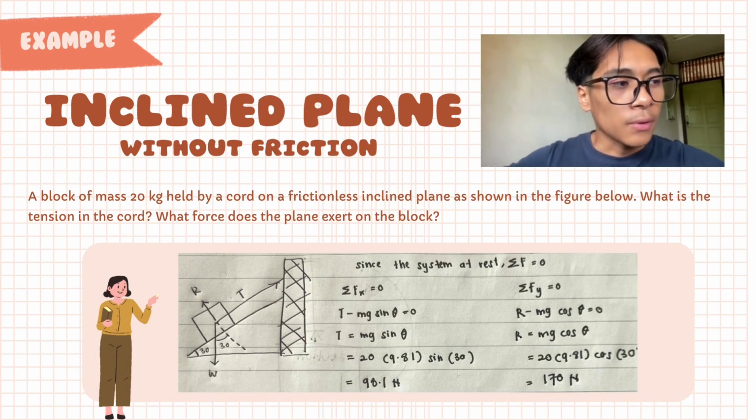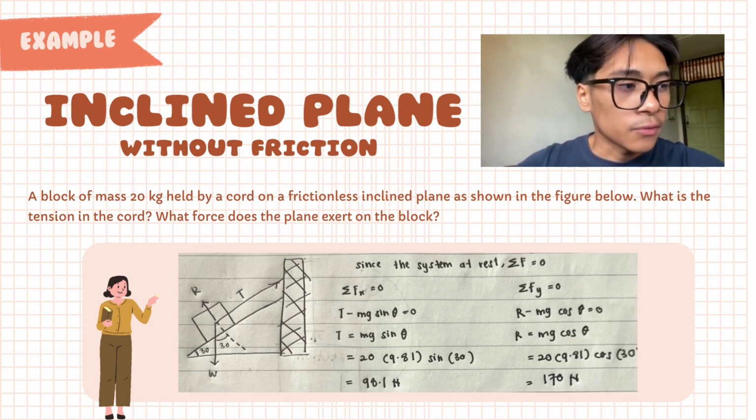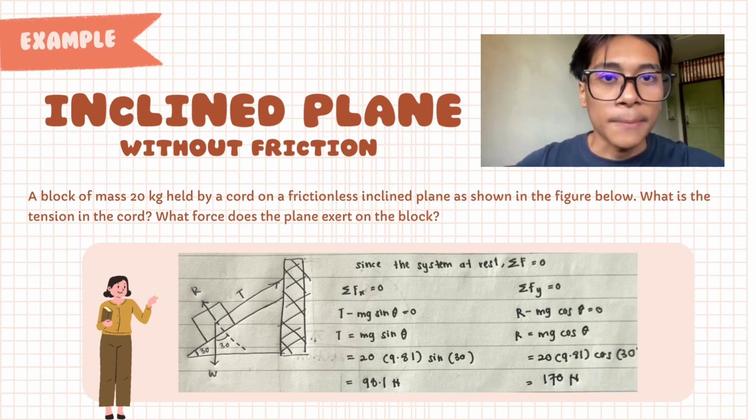For y, the sum of Fy equals 0, and then R, which is the normal force, minus mg cos theta is equal to 0, and then R is equal to mg cos theta, and then you just insert the value and we will get 170 Newton.